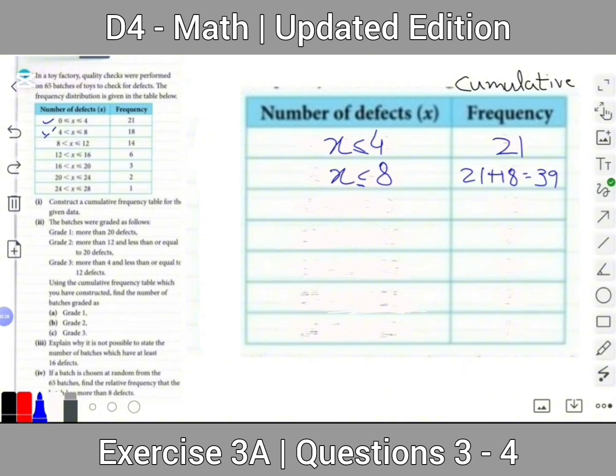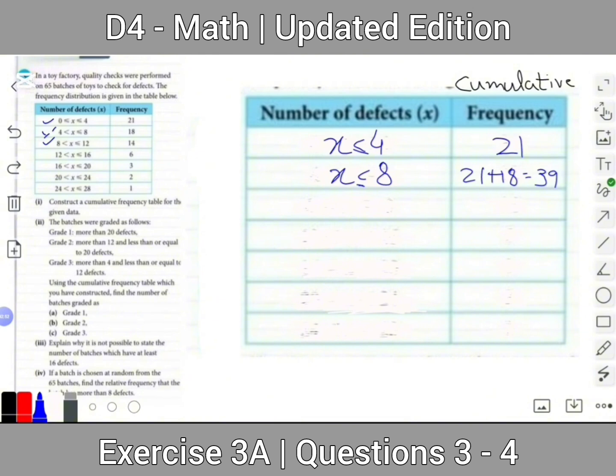Now if we move on to the third entry, we want to include this class interval from 8 to 12 with a frequency of 14. But we also have to consider both of the previous two class intervals as well.